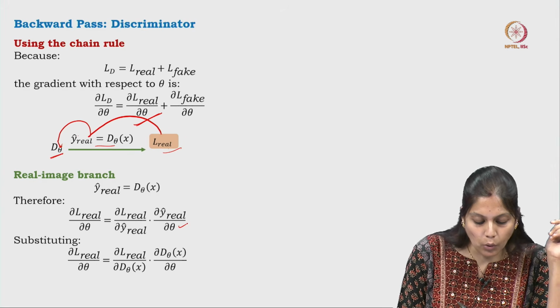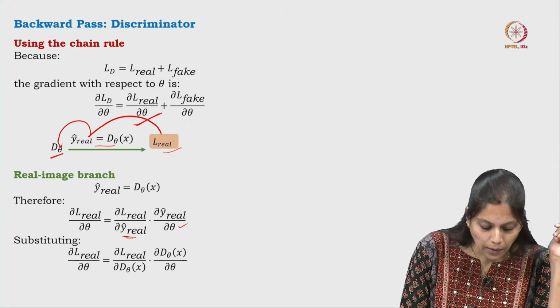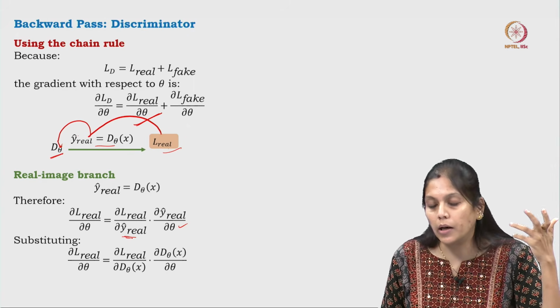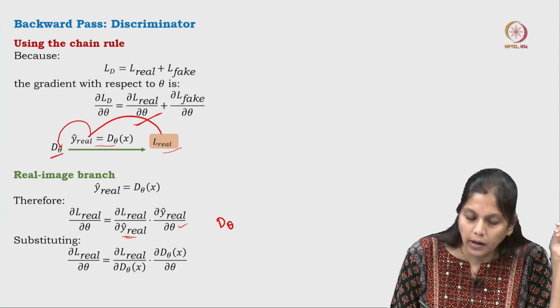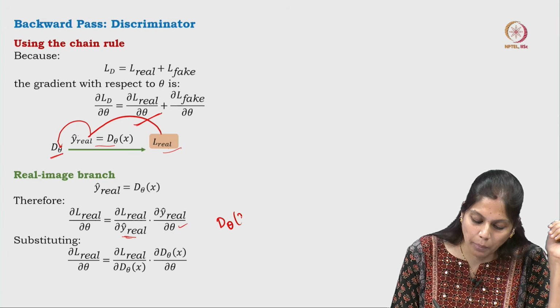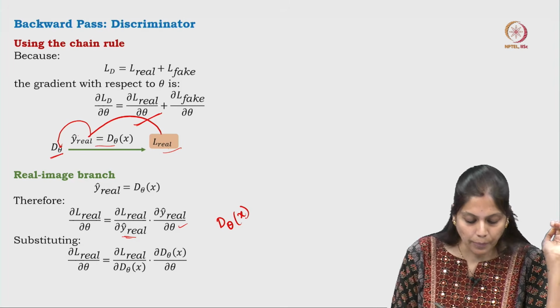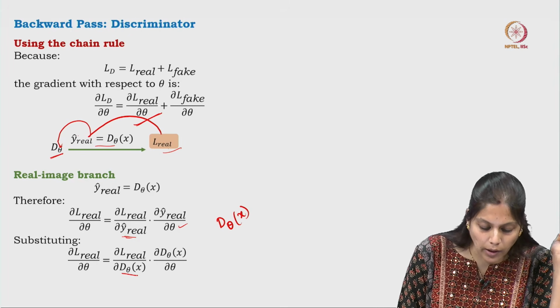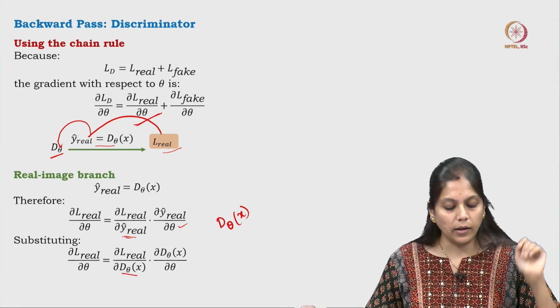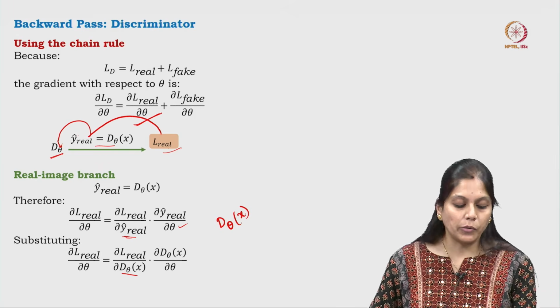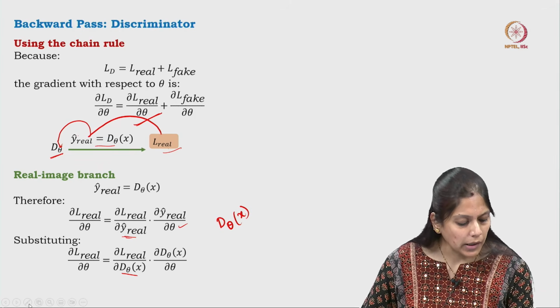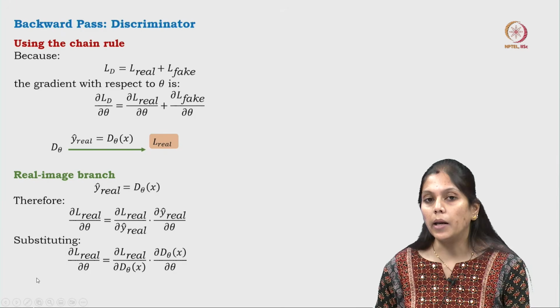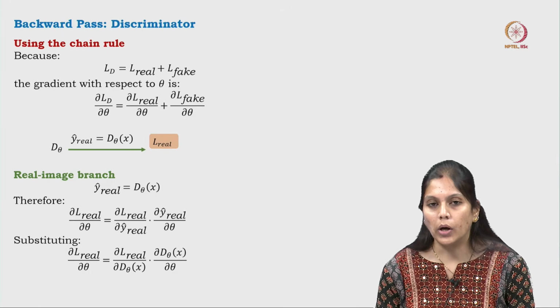Now, what is y hat real? That is the prediction made for the real images. Who makes the prediction? The discriminator. On what will it predict? On real images x. Therefore, you have substituted y hat real as D theta of x, which means each of these values can be easily computed. I hope this is clear.